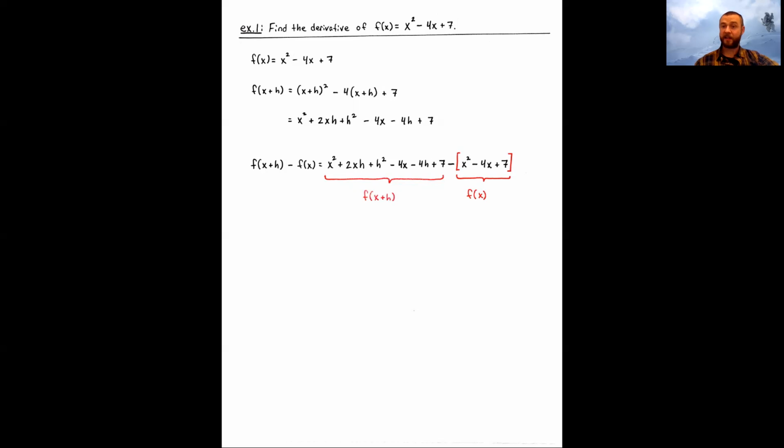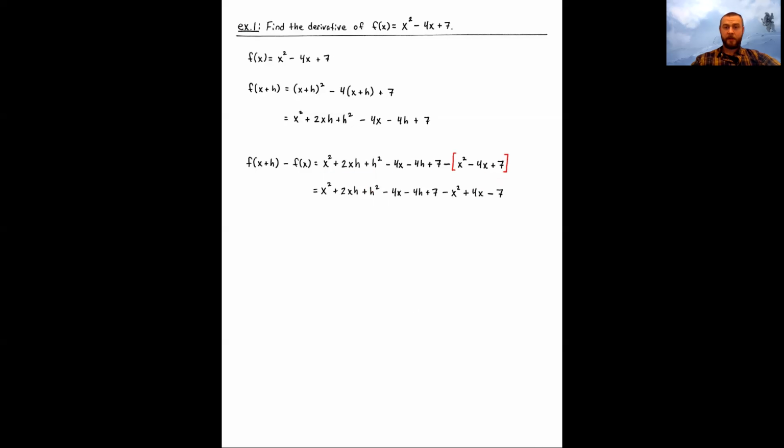And then in the brackets, just the 3 terms for the function f of x. Now you can distribute the minus in front of the parentheses. That'll change all your signs, and that's likely where, if I find that a student made a mistake, it was in missing distributing that negative or dealing with subtraction properly.